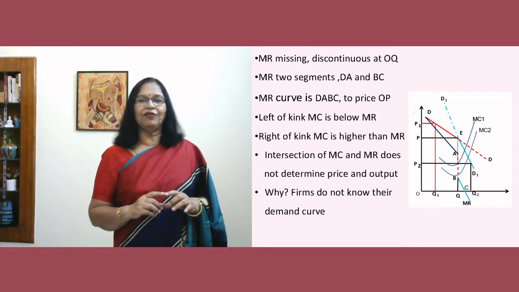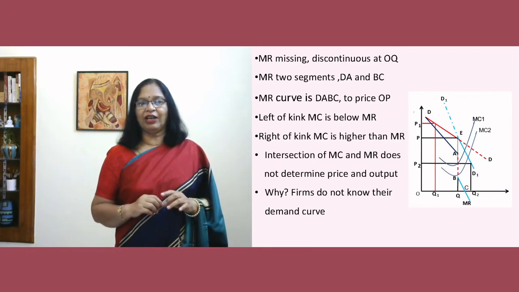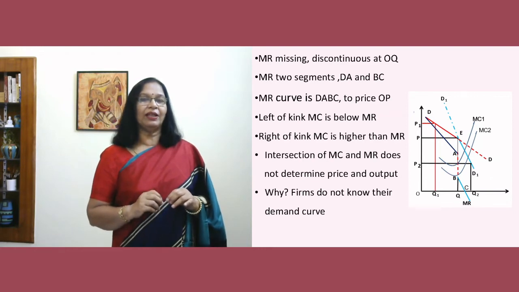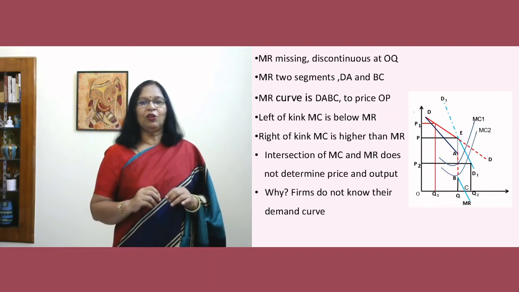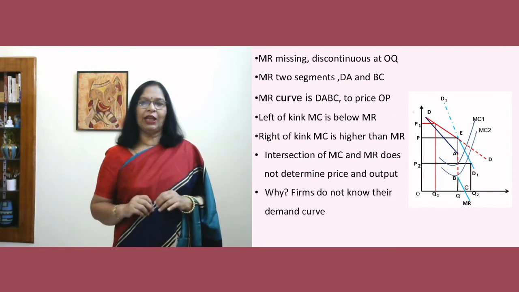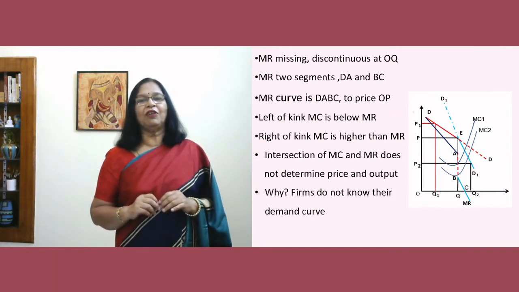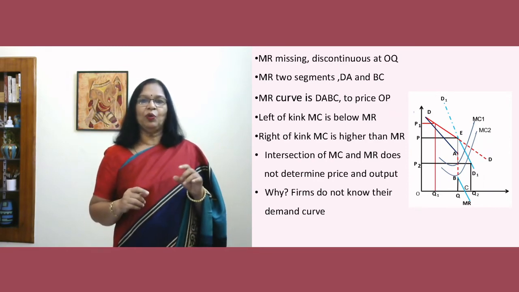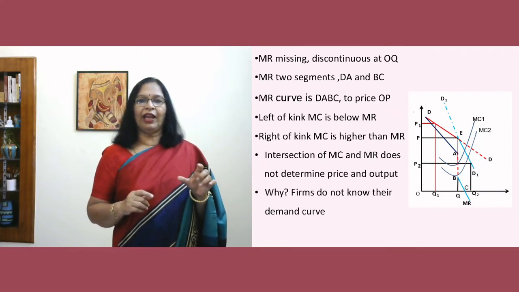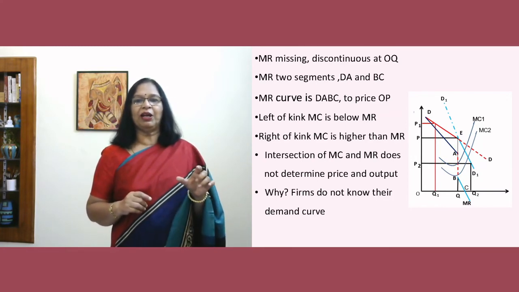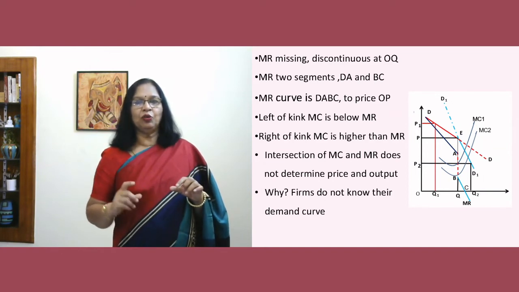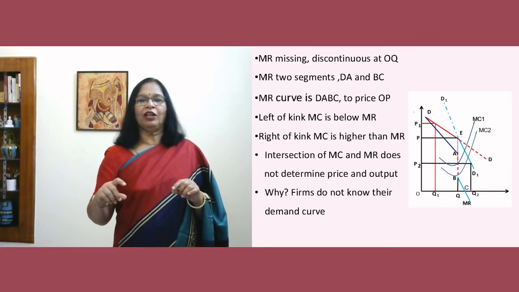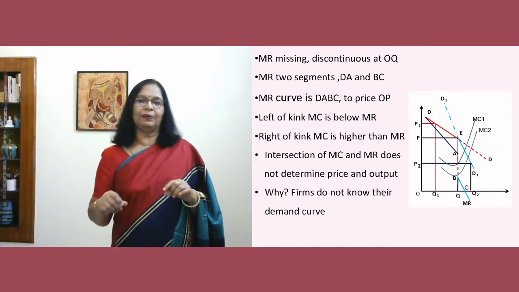We find that after A, there is the red dotted line going downwards, and at point B, we get a new marginal revenue curve. Now, this new marginal revenue curve BC is the marginal revenue curve of the second demand curve, that is ED1. So we get a marginal revenue curve DA for the first demand curve DE, and we get a new revenue curve BC for the other demand curve ED1.